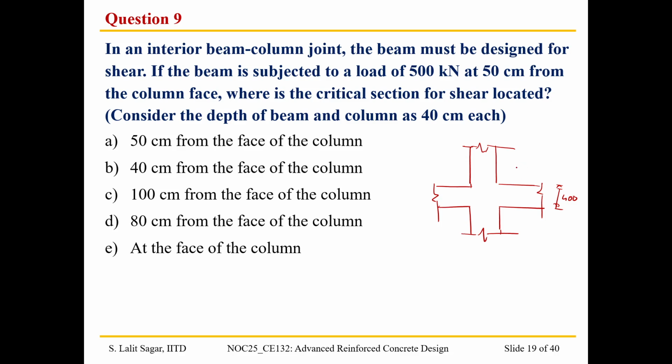Now the question is that there is a concentrated load of 500 kilonewton acting at 50 centimeter from the column face. So which would be the correct location of the critical section for the shear?